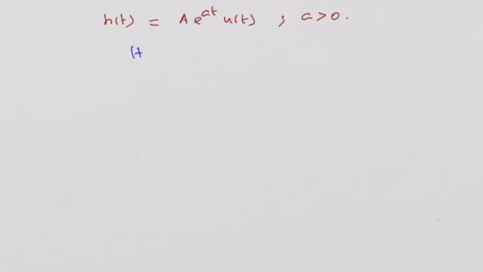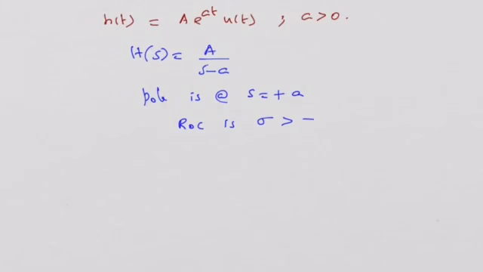What would be the H of s value? Everybody knows that it is H of s is equal to a divided by s minus a. The pole, what is the pole? Pole is at s is equal to plus a. What is RoC? RoC is sigma greater than plus a.